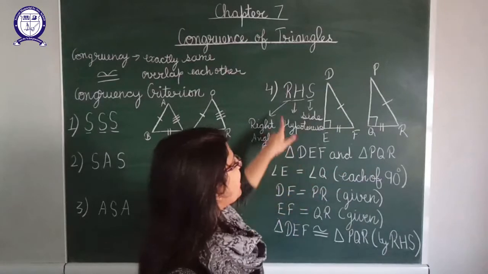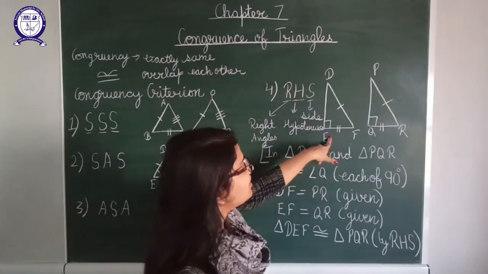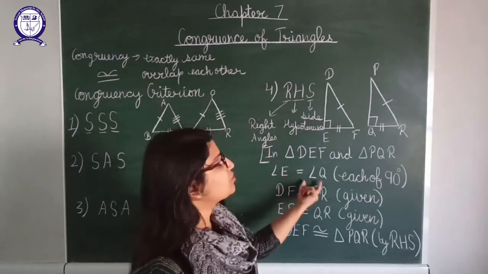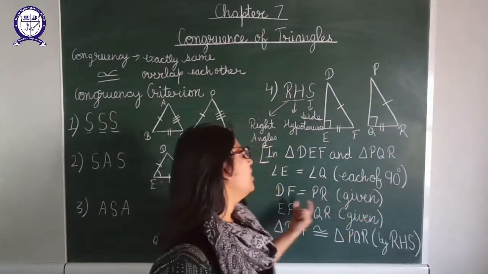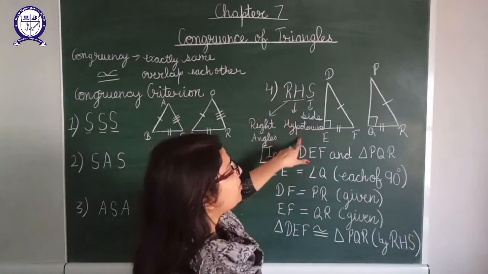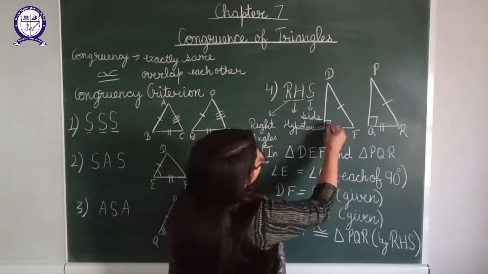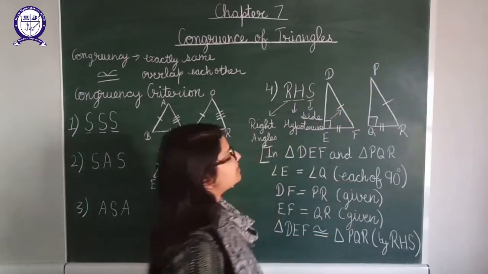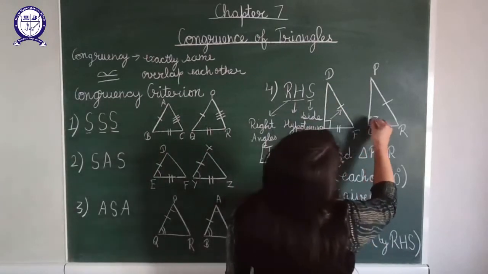Now first of all, we should say right angle, right? So here angle E and angle Q will be equal. So angle E is equal to angle Q. Why? Because each of them is 90 degrees. Now we have to tell about the hypotenuse. The hypotenuse should be equal, right? So what is the hypotenuse in this? The side opposite to this 90 degree angle, that is DF. And here what is the hypotenuse?